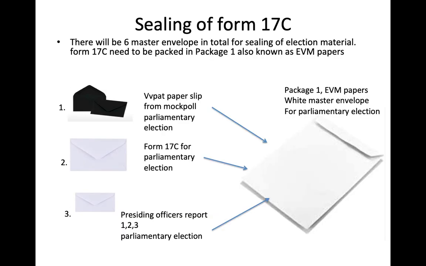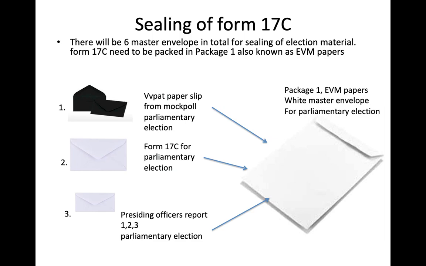So, now coming to how Form 17C is sealed. In the first slide, I had told you that Form 17C is stored with the EVM machines, not with other election papers, election materials.